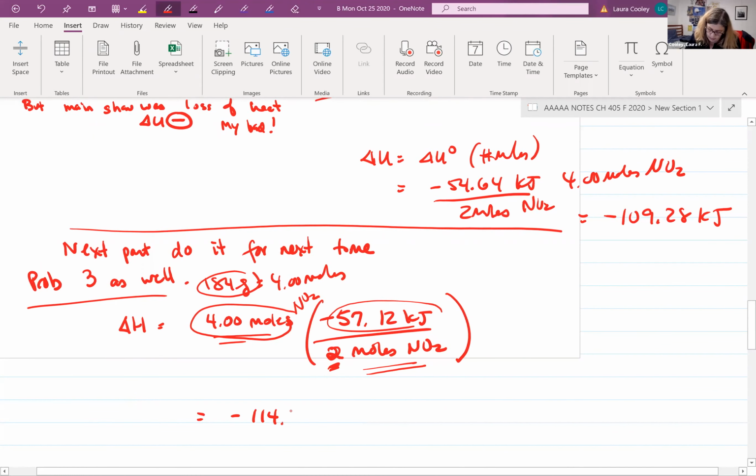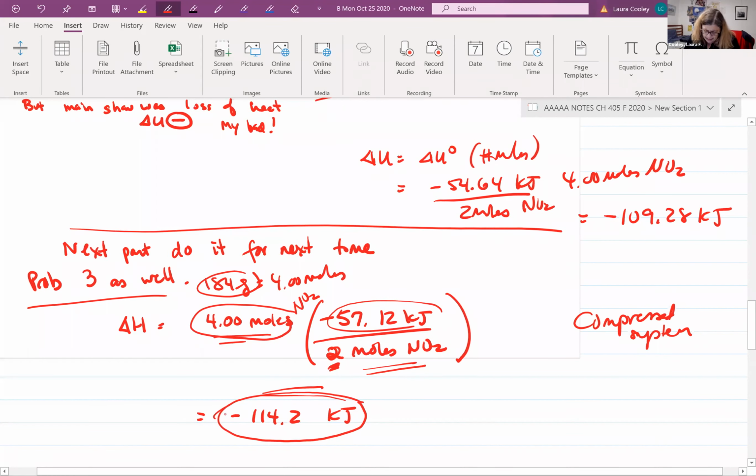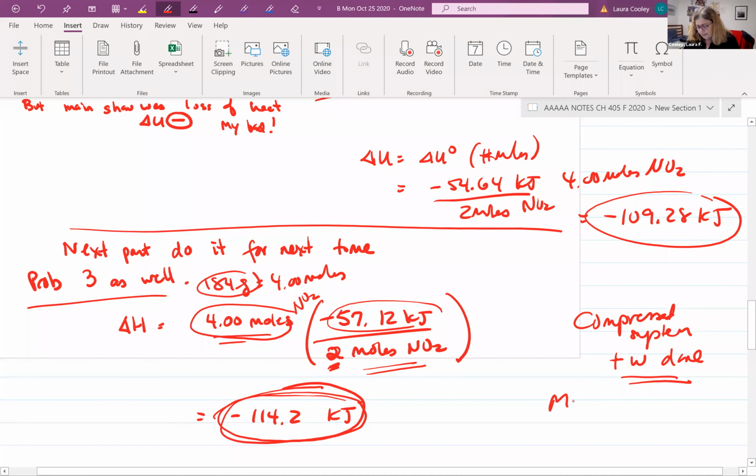So what happens is that the system was compressed. A little bit more heat was released; the delta H is a little bit more negative than the delta U because there's a little positive work done. A little bit of work was done on the system.